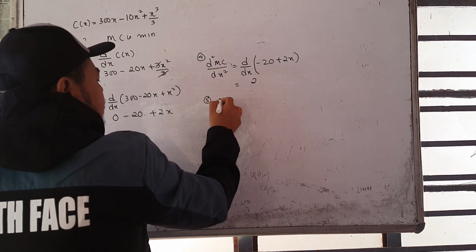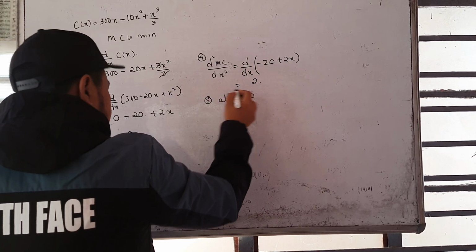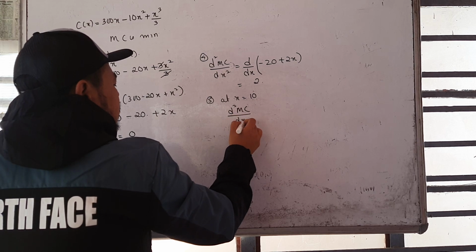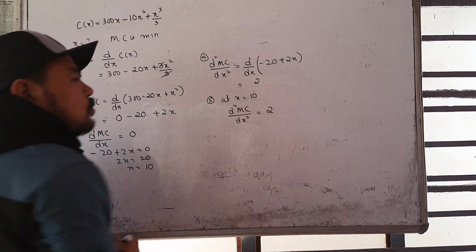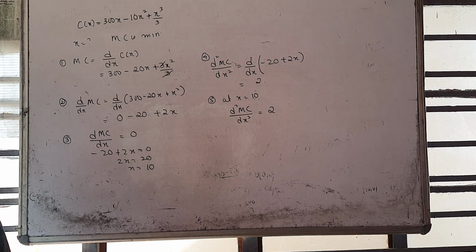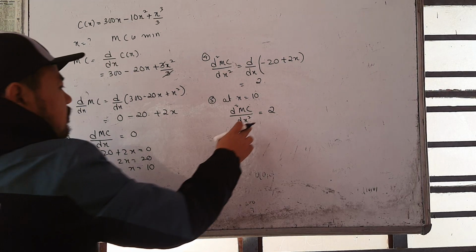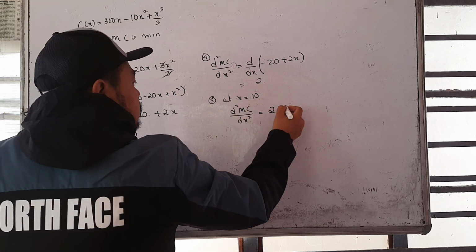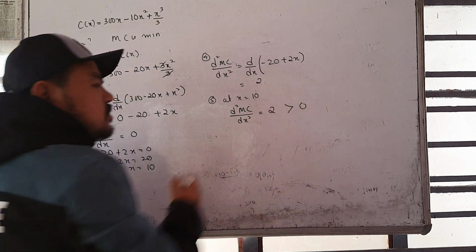And step number 5, at x equal to 10. You got d2MC by dx square will be equal to 2. There is no x. Is it clear? So it will remain 2 only. So please tell me, is this greater than 0, positive or negative? Positive. This is greater than 0.